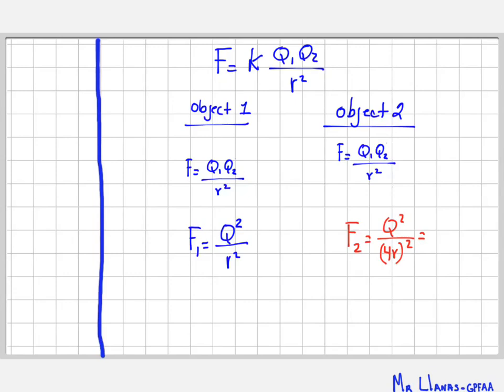So that means if the distance goes up, we know that the force has to go down. When you do the math, we know that q squared is going to stay the same because it didn't change, but the distance, when we square 4 times 4, is 16. We've got to square r. We don't know it, but it would equal 16r squared. And when we compare that to the first force, that gives us 1/16 of the original force, or force 1. Or it just tells us that it is force 1 divided by 16, which is the same thing. So that's when you quadruple the distance.